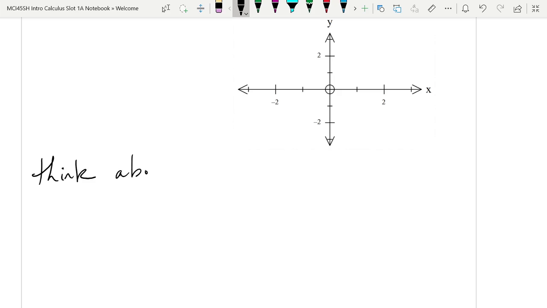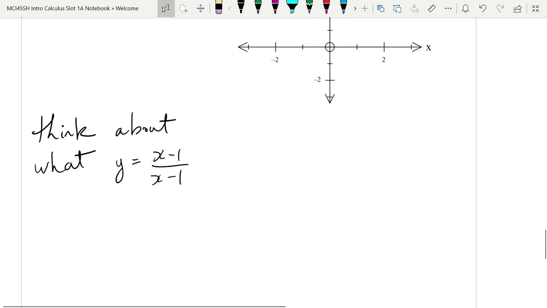Think about what y equals x minus 1 over x minus 1 would look like. Well, what's anything divided by itself? It's just going to be 1, right? But there would be a removable discontinuity in it, right? There would be one spot where this graph couldn't exist. X couldn't actually be 1.